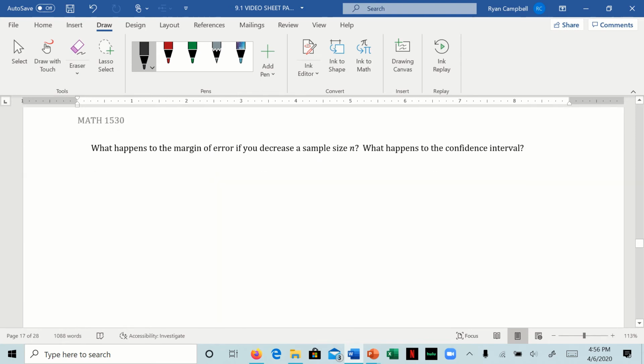All right, let's look at part B. What happens to the margin of error if you decrease the sample size? So let's go back and check with problem 5 again. This time, instead of 1,000 people, let's say it's 100 respondents. So it's 85% of people, 100 respondents.